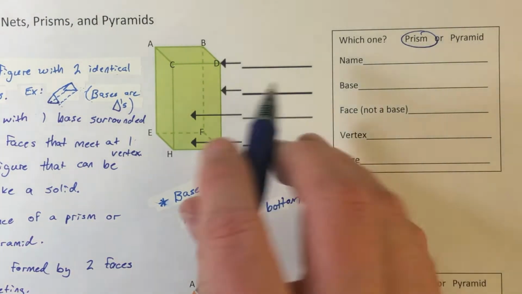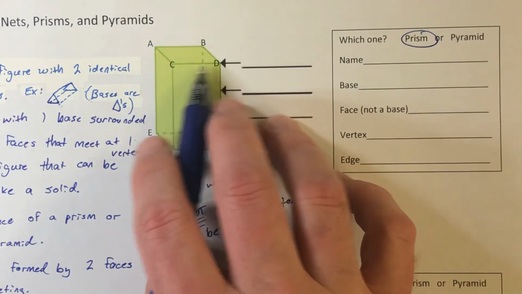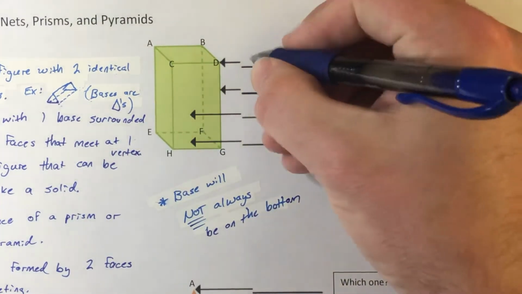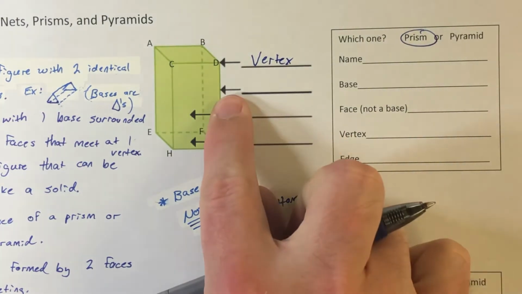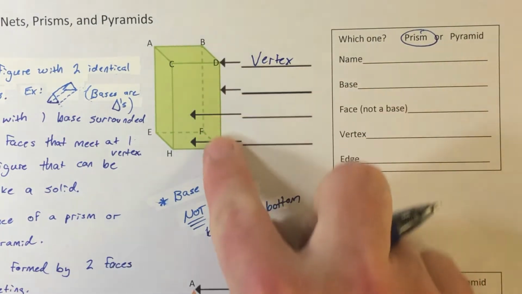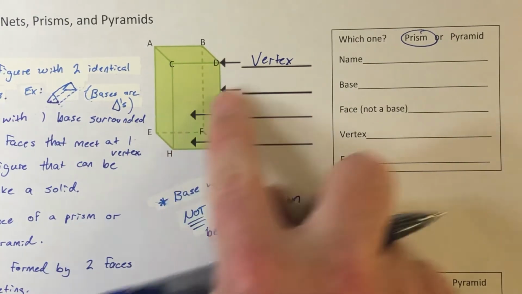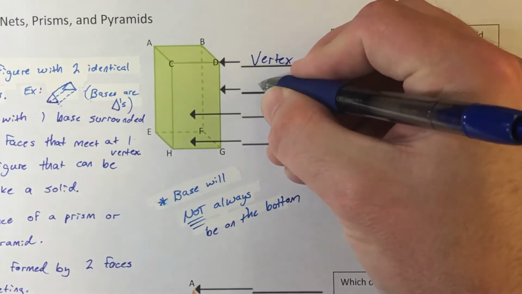And the first one, what's it pointing to? It looks like it's pointing to a point where three lines meet. That is called a vertex. Next, what is this arrow pointing to? Looks like it's pointing to a line that's between this front face and the right face. That would be an edge.